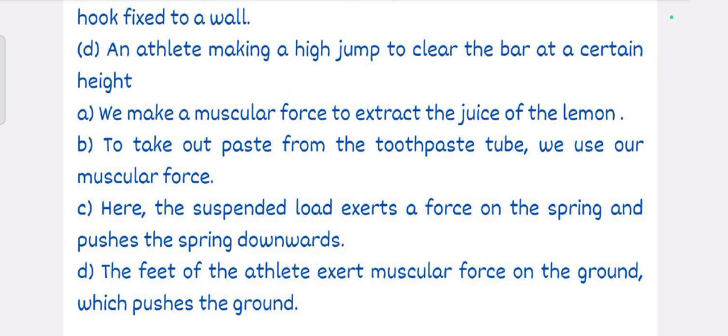We use a muscular force. C answer. Here the suspended load exerts a force on the spring and pushes the spring downwards.